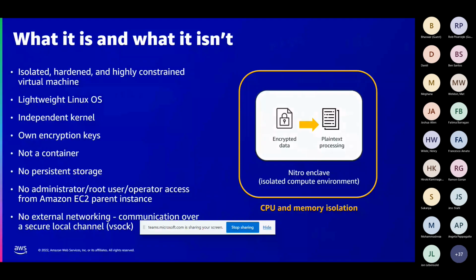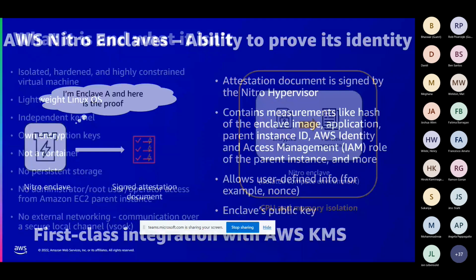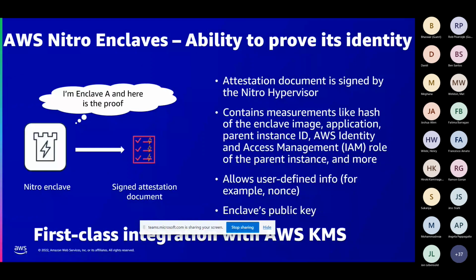The enclave also has a unique ability. It can prove its identity to any external entity. When we talked about the Nitro-based instances, I glossed over it a little bit, but one of the key components of the Nitro system itself, which is what the Nitro instances are built on, is the Nitro hypervisor.